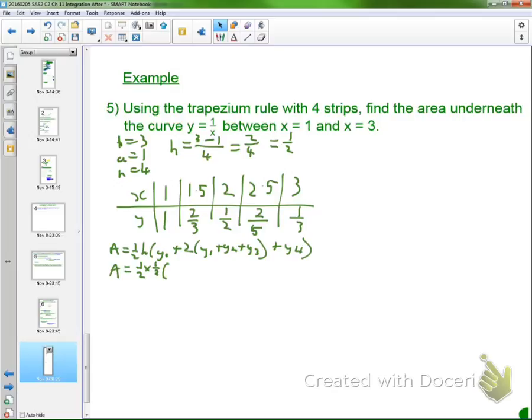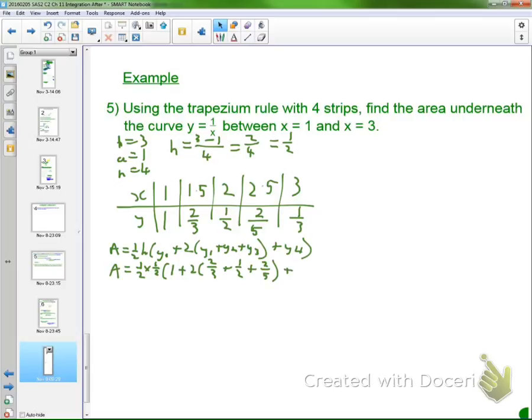so we have a half times a half. Our y0 is 1, y1 is equal to 2 over 3. Our y2 is equal to 1/2, and our y3 is equal to 2/5.